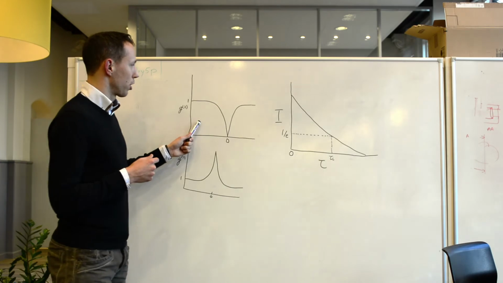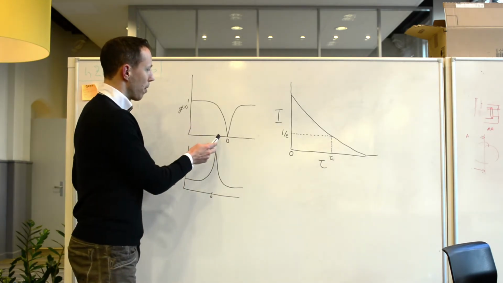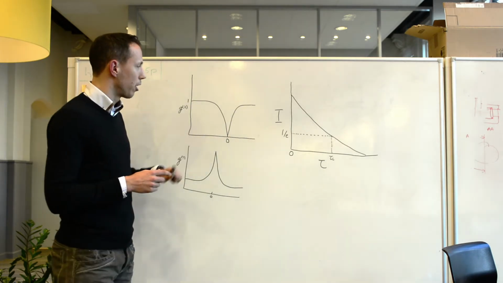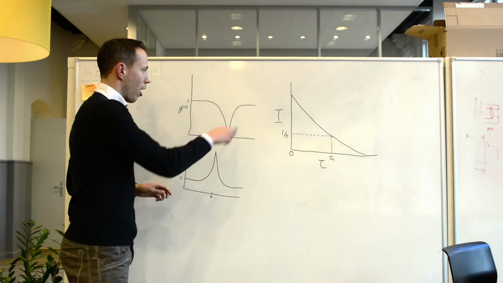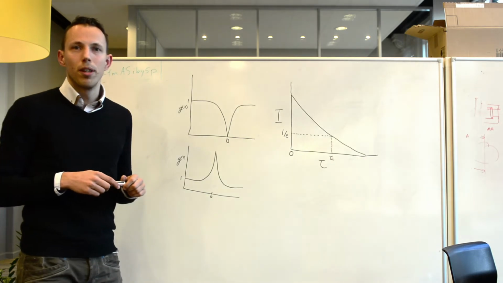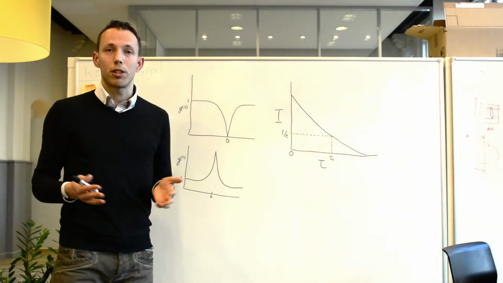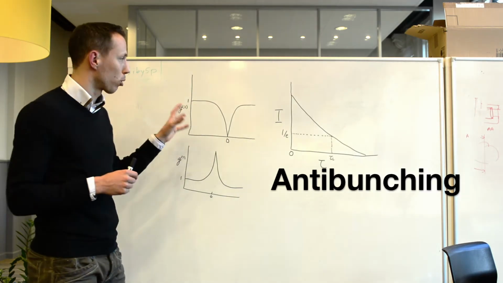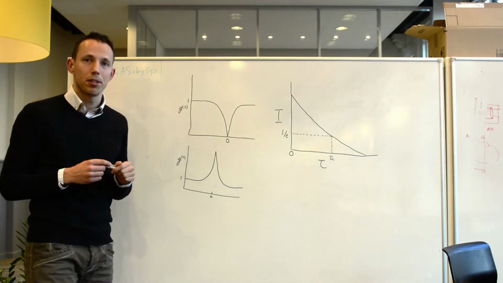There are multiple cases in which you have interesting G2 behavior. And this is a first example where the probability of measuring two photons simultaneously is 0, indicated by this dip here. And this type of behavior is indicative of a single photon emitter, as is used in quantum optics. And this behavior is called anti-bunching, and so it's very important for people that work in quantum optics.